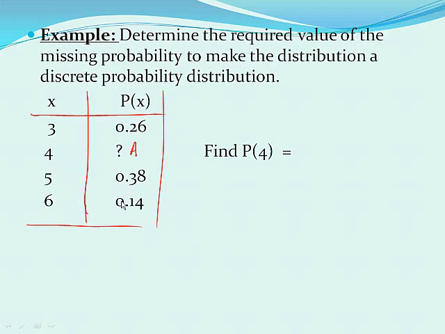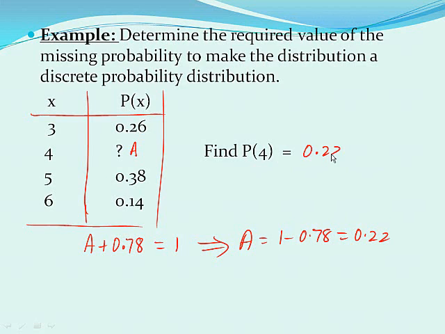So if you add these, we get A plus 0.26 plus 0.38 plus 0.14, which will be A plus 0.78. This total probability has to be equal to 1. So if we solve for A, we get 1 minus 0.78, which is equal to 0.22. So the probability of x equal to 4 is equal to 0.22.